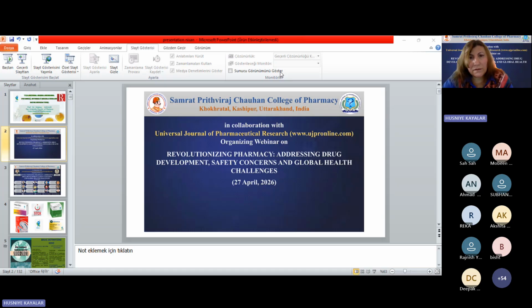In Turkey, in my country, herbal products are licensed under two authorities. One is the Ministry of Health, and the other is the Ministry of Agriculture and Forestry. The Ministry of Health gives license to herbal medicines and traditional herbal medicinal products, and the Ministry of Agriculture and Forestry gives license to food supplements.